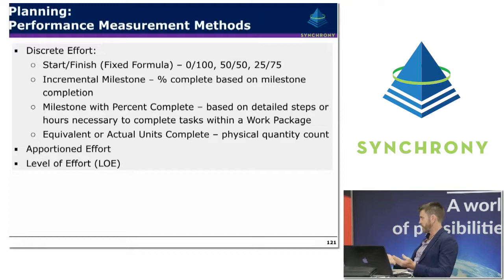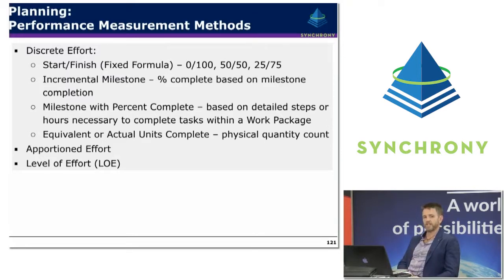A typical example of these might be quality assurance inspections on a construction site, or support from a safety team on a construction site, where you're not sure exactly what they're going to be doing, but you know that there's going to be a proportion of effort that is supporting the overall construction program.